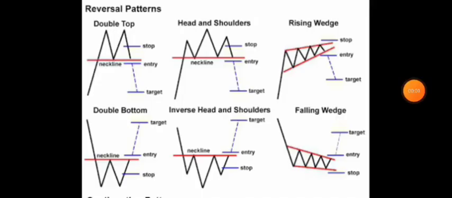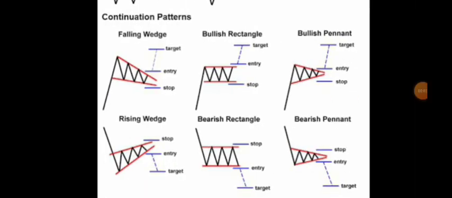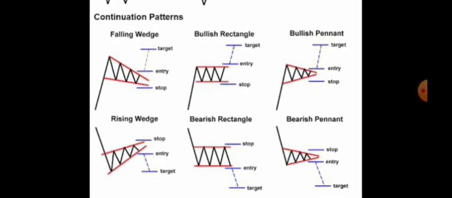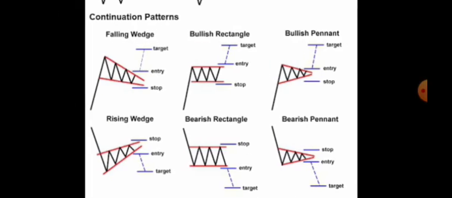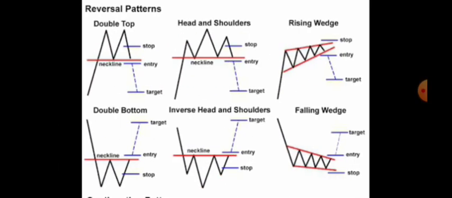We have three classifications of patterns. We have reversal patterns, continuation patterns, and also bilateral patterns. So let's go to pattern number one. A reversal pattern is a pattern that, whenever you see it in the market, means the price will reverse to the opposite direction.